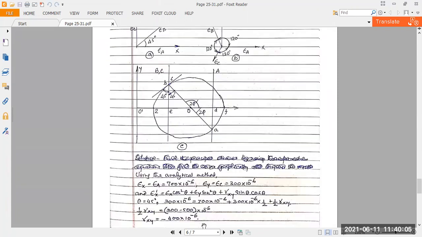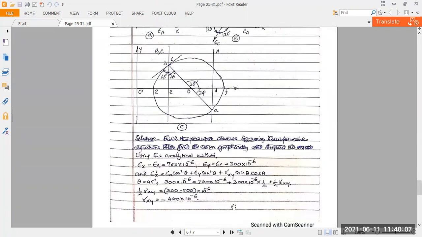What we have to do first is use the equations like this. First we do the analytical relation. We are assuming that epsilon X is along epsilon A, which is equal to 700 into 10 to the power minus 6.